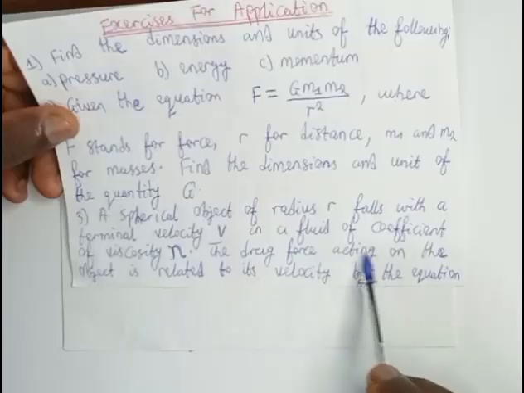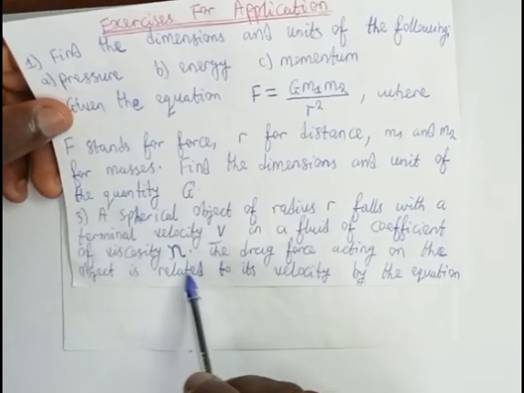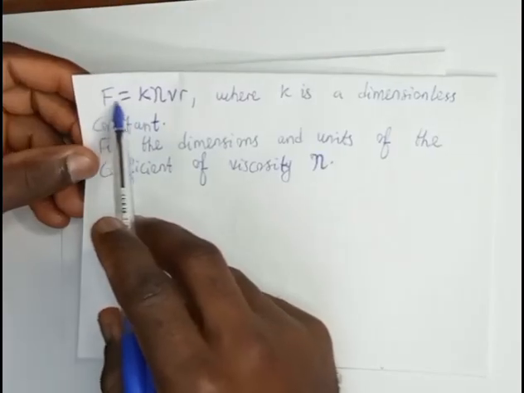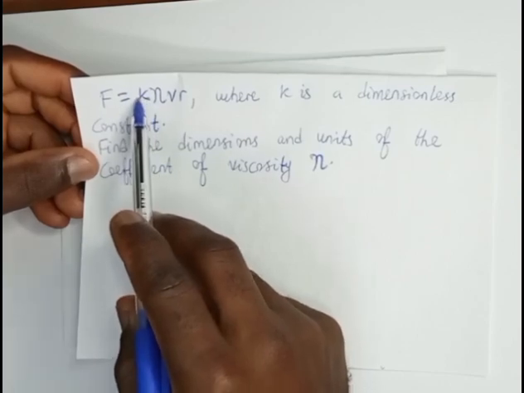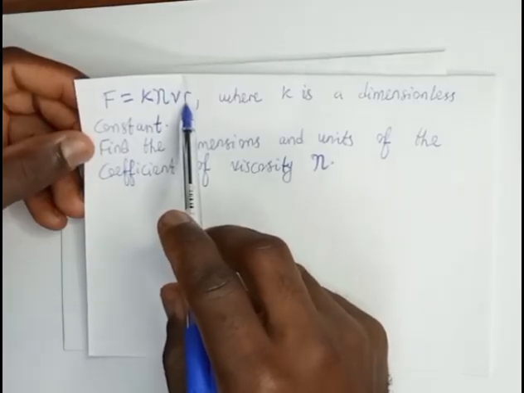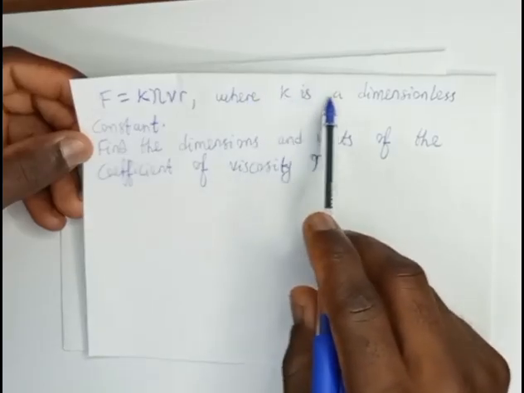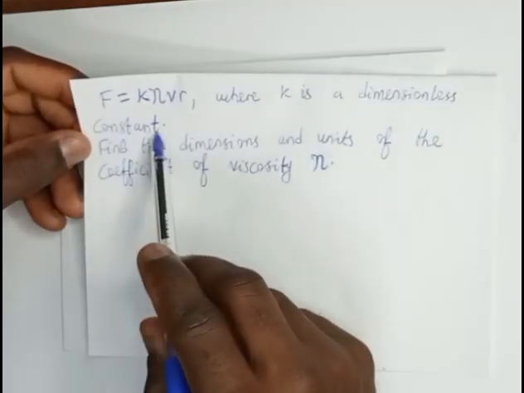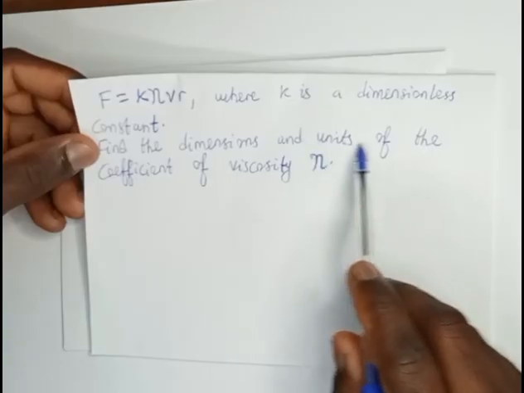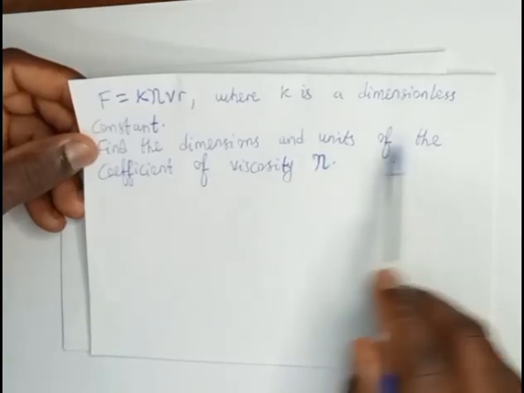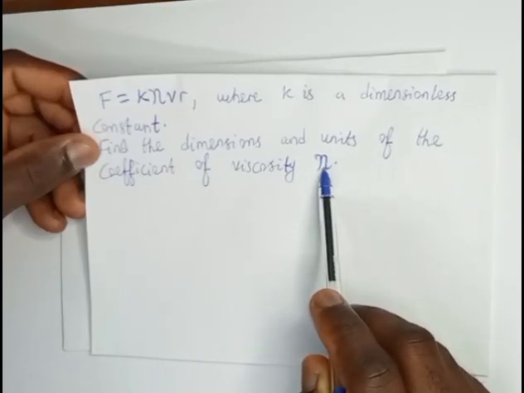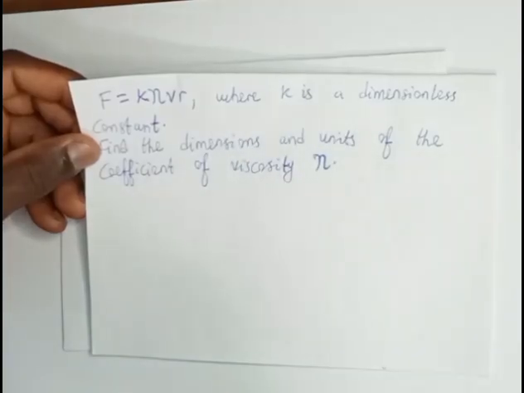The drag force acting on the object is related to its velocity by the equation F equal to K eta V R, where K is a dimensionless constant. Find the dimensions and units of the coefficient of viscosity eta. Take note, K is a dimensionless constant.